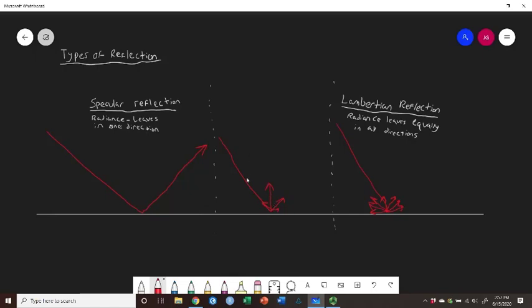Now, I'm hesitant to use the words I'm going to use, but this is called diffuse, D-I-F-F-U-S-E, diffuse reflection. This is going to be the most common.